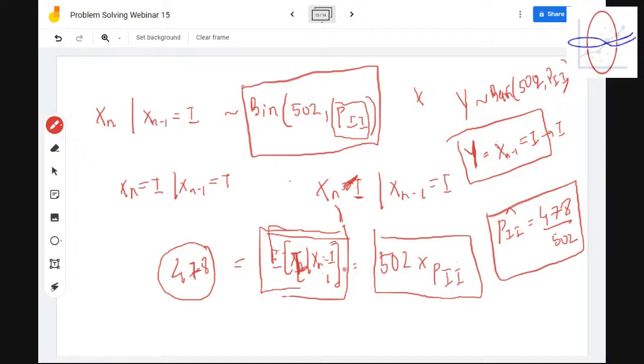And that is exactly the expectation, not of X_n, but the expectation of the number of X_n equal to I given X_{n-1} is equal to I. This follows a binomial. Did you understand, Polomi?